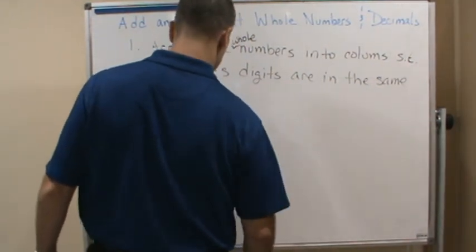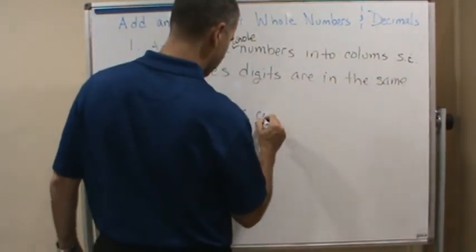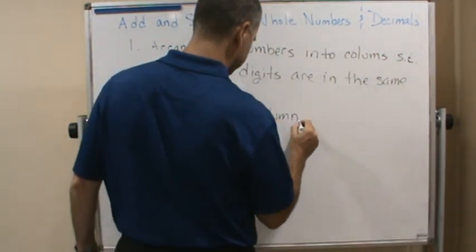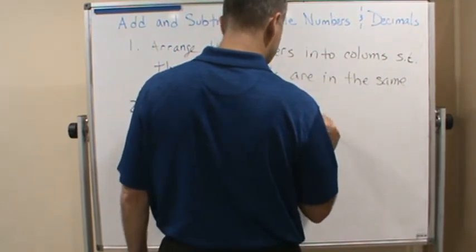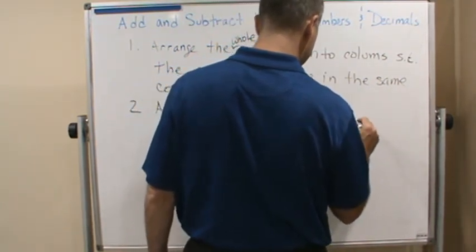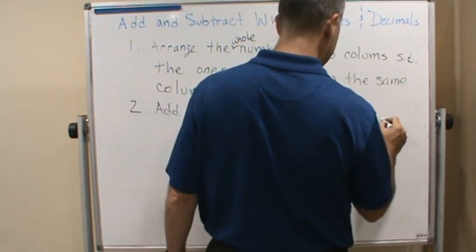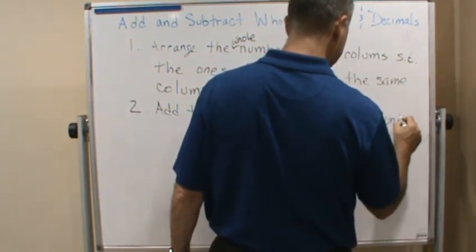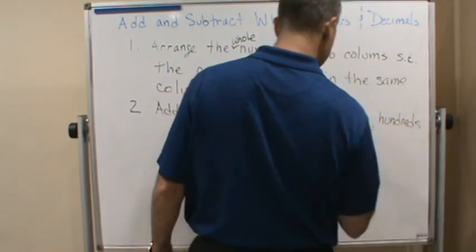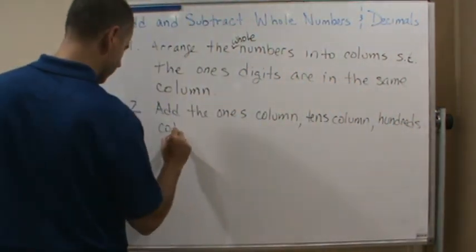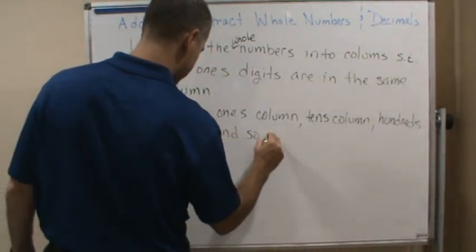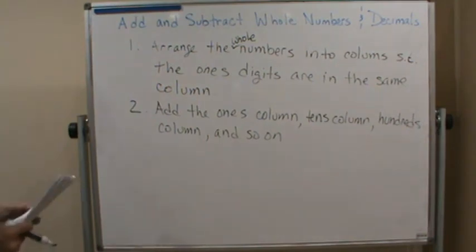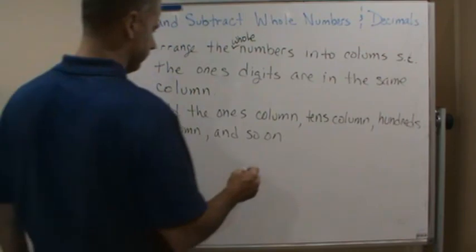We're going to add the ones column, followed by the tens column, followed by the hundreds column, and so on until we reach the end, until all the columns have been added.